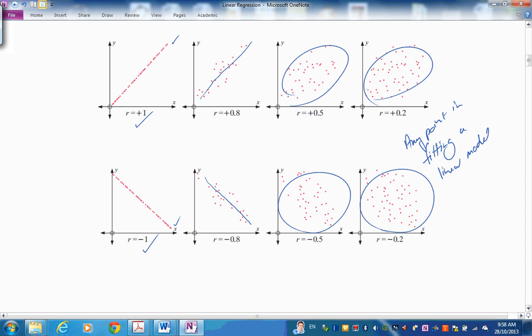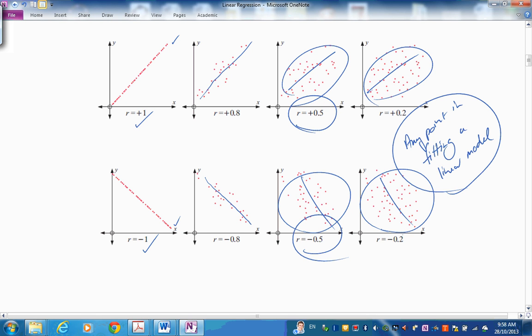Remember, a model is a mathematical description of some practical situation that's going on here. Is it appropriate? Do any of these really follow anything like a linear model? Question for you, how low would you go with your Pearson's correlation coefficient before it would become a bit silly to even suggest it's a linear model? Well, what do you think? 0.8? I'll give that a tick.